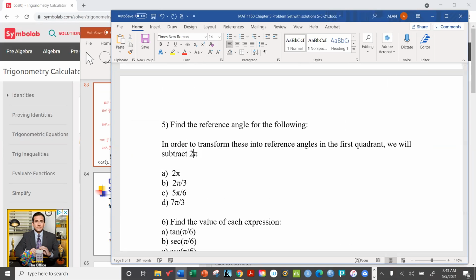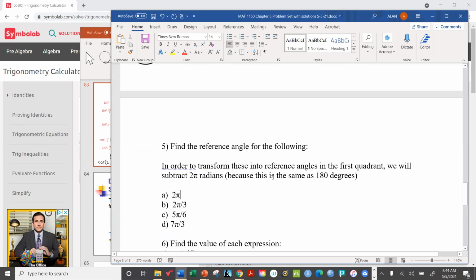Because 2 pi radians is the same as 180 degrees. So you're doing exactly the same thing, except you're expressing it in terms of radians. Now, let's see how this works.